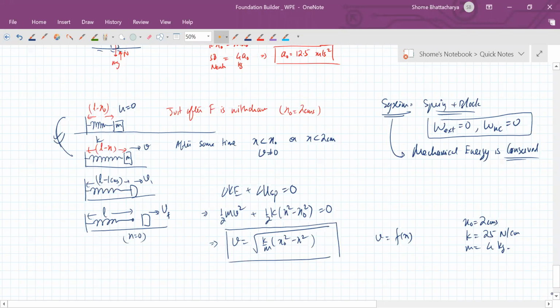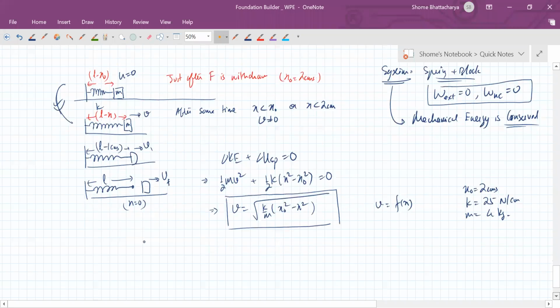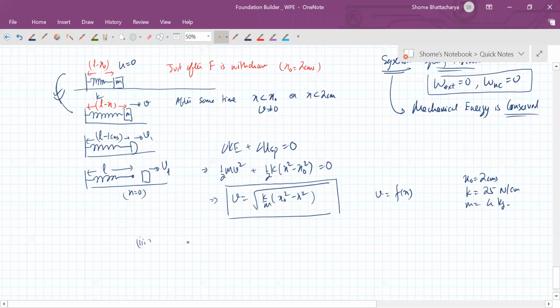For the third part, I want to find V equal to V1 when x is equal to 1 centimeter. So use this equation. V1 will be square root of k by m into (x naught square minus 1 centimeter whole square).